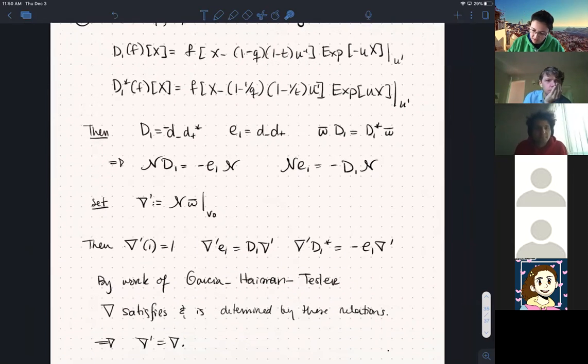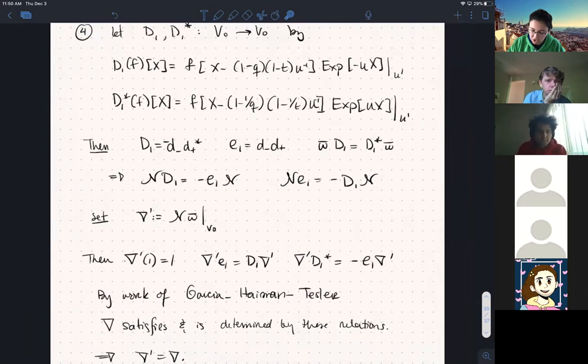And essentially what you end up doing is showing that this D minus and D plus can be used to generate this D1, that E1 can also be generated by this D plus and D minus, and that D1 and D1 star are related by an involution. And then you can also check that this D1 and D1 star, because of how they're defined, behave a certain way with respect to this N involution. So you basically sit down and you check that these things satisfy these properties.